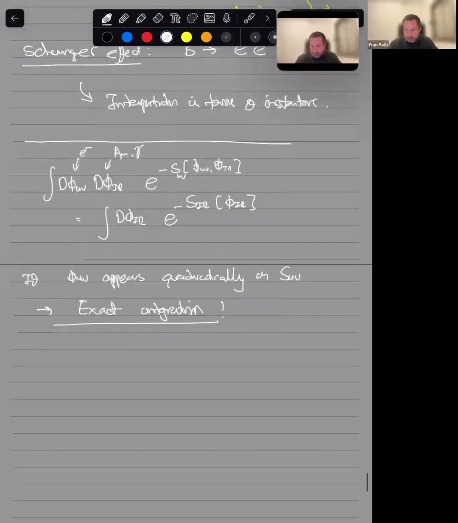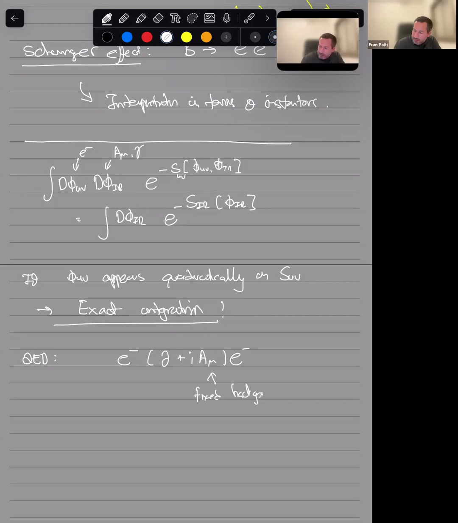Now, in the case of QED, this is because you just have an electron with a covariant derivative, something like this, and then this is just a fixed background. So the action is just quadratic in the thing you're integrating out.